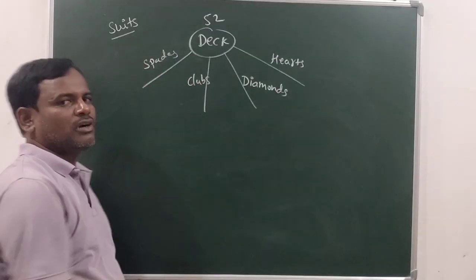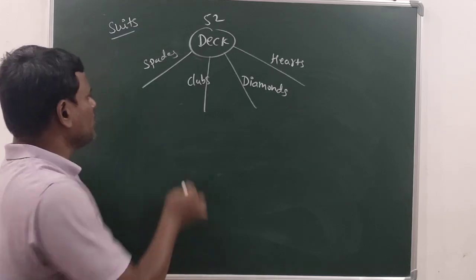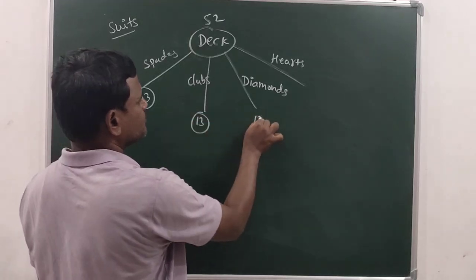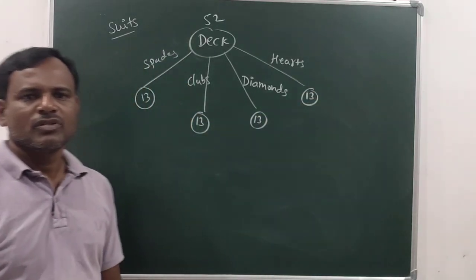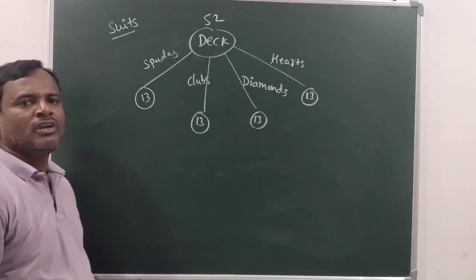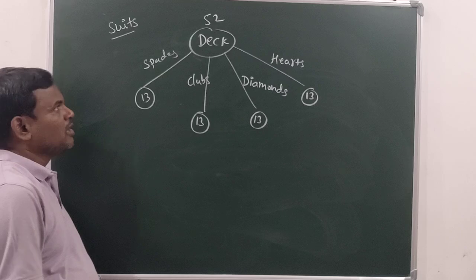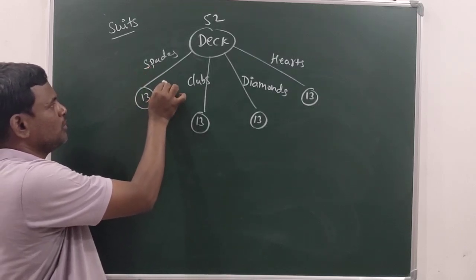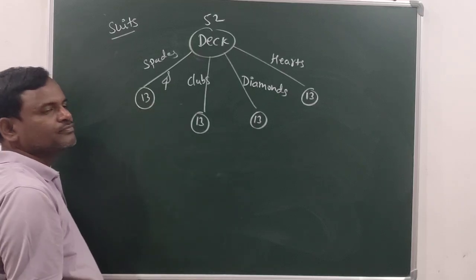So this 52 cards divides into 4 equal suits. So each group will get 13 cards. Okay, students? Each group will get 13 cards. And if you see the back side of the spades, you get this kind of symbol like a leaf.